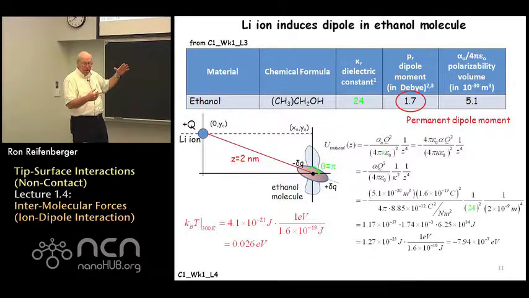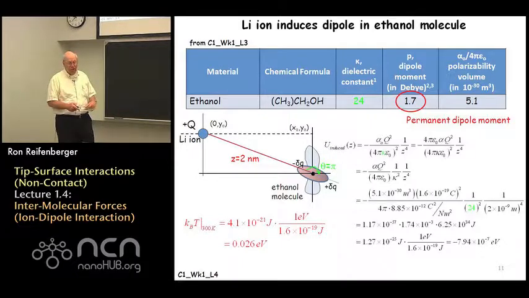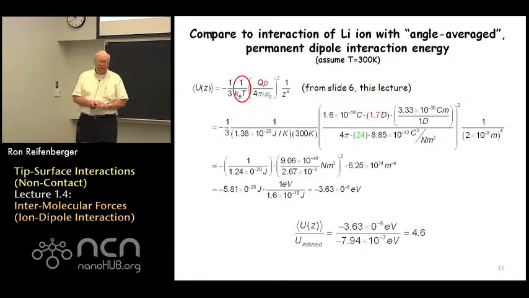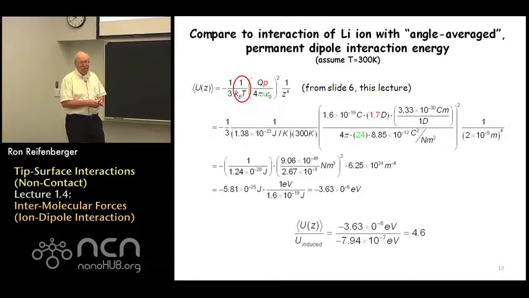As the ethanol molecule gets closer to the lithium ion, the interaction potential energy, of course, goes up as 1 over z to the 4th. But for 2 nanometers, the interaction would be negligible compared to thermal energies. In the next slide, I compare this interaction of the lithium ion to the angle averaged dipole moment of the ethanol molecule.